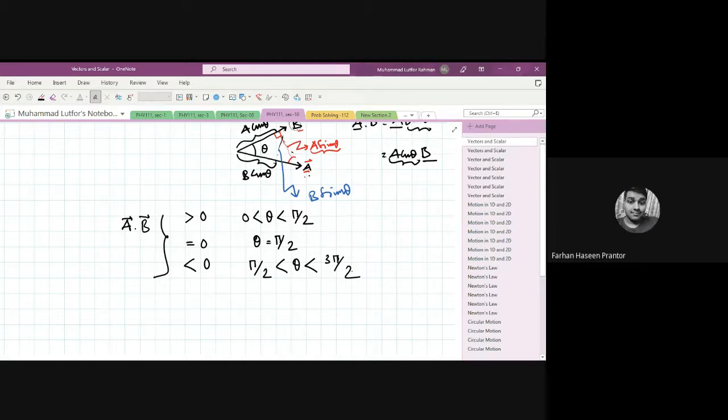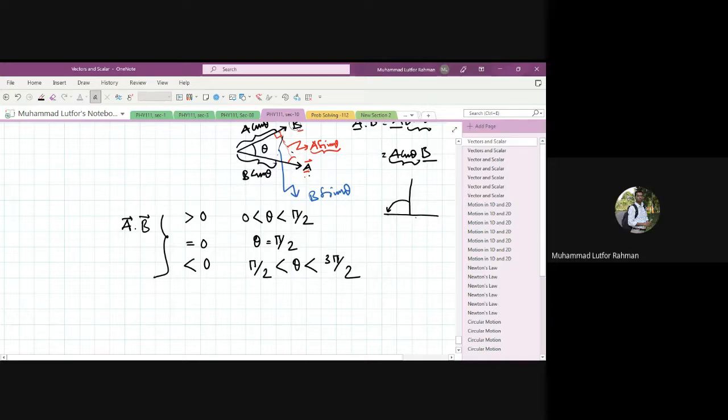Sir, isn't the theta from pi by 2 to pi? Pi by 2 to pi. So it should be the same actually, that would be the repeated version. No, we use cos theta from 0 to pi range.